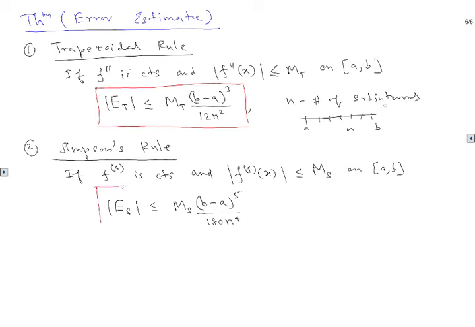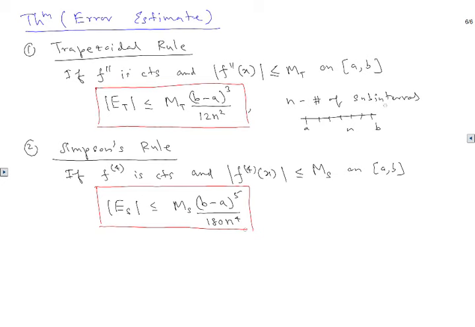It is bounded by this number. So Ms is the upper bound, and then (b minus a) to the fifth power over 180 n to the fourth. The other one, for the trapezoidal rule, is Mt (b minus a) to the third power divided by 12 n squared. Okay, so there is a pattern, the 3 and a 2 here, 5 and a 4.